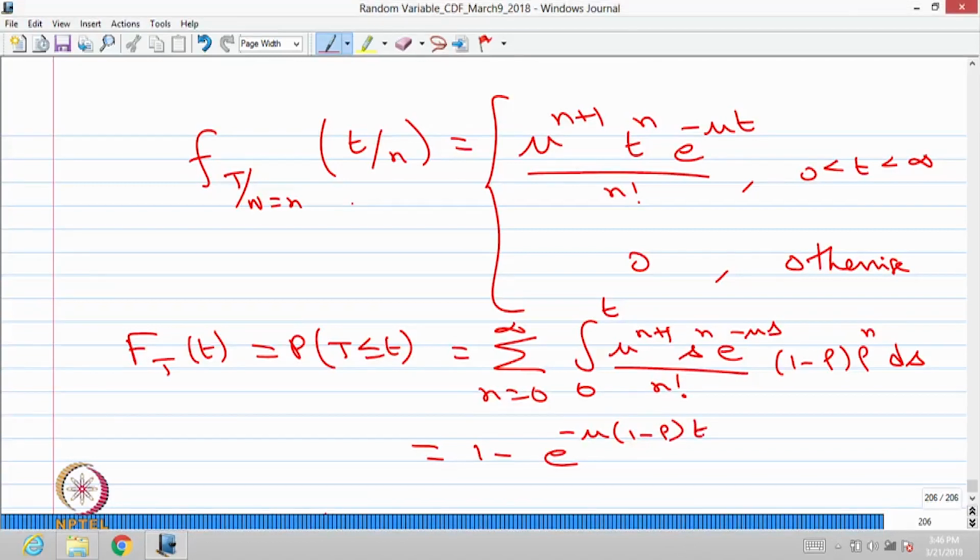So, this is the CDF of T for t greater than or equal to 0, otherwise it is 0. It is the CDF of capital T as a function of small t, that is 1 minus e power minus mu times 1 minus rho times t.